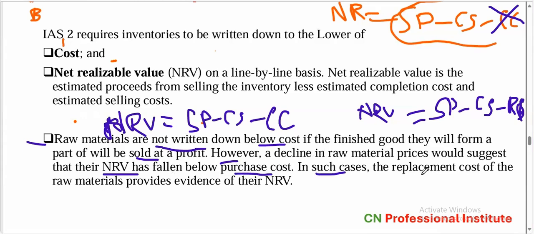In such cases, the replacement cost of the raw materials provides evidence of their NRV. So what do we mean?